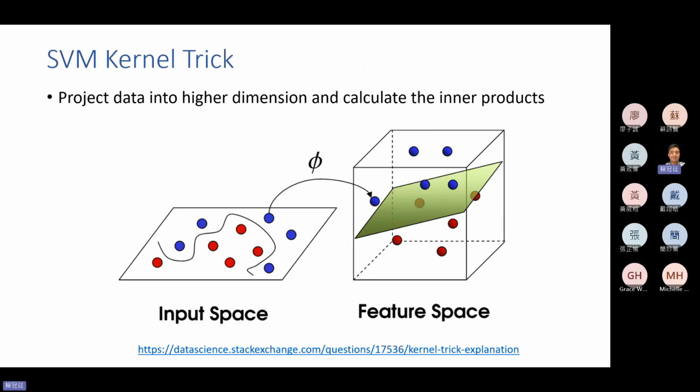SVM has a famous trick called the kernel trick. The idea is that if a lower dimensional space, like a 2D plane, cannot separate the data, we can project them into a higher dimensional space, and we hope that in the higher dimensional space we can find a hyperplane to separate those two groups of data.